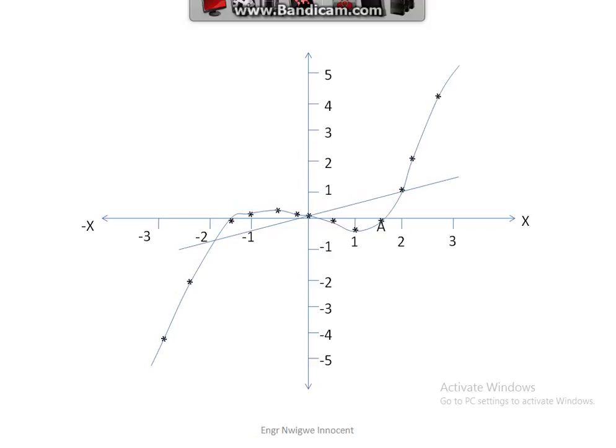Then you mark an asterisk here. When x is plus 2, our y is plus 0.8. We mark an asterisk. Then we have a straight line cutting the curve. With this graph, we will now be able to answer all the questions that we are being asked.